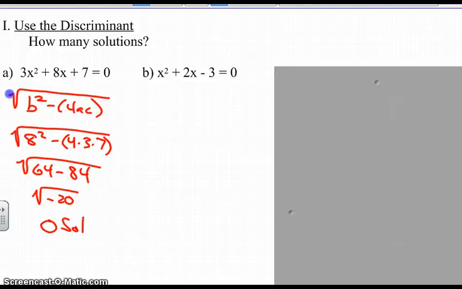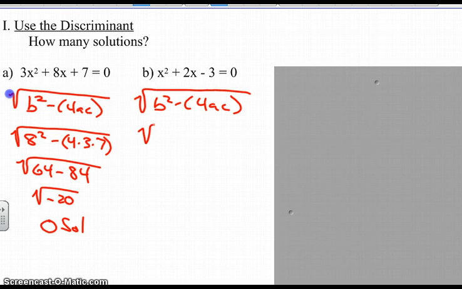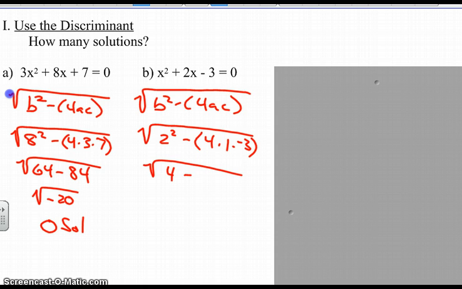And who can fill this in for us this time? Talia. So it's b squared minus 4ac, and then so it's 2 squared minus 4 times 1 times negative 3. What is inside there? Negative 12. Negative 12. 4 minus negative 12 is actually 4 plus, add the opposite, right?